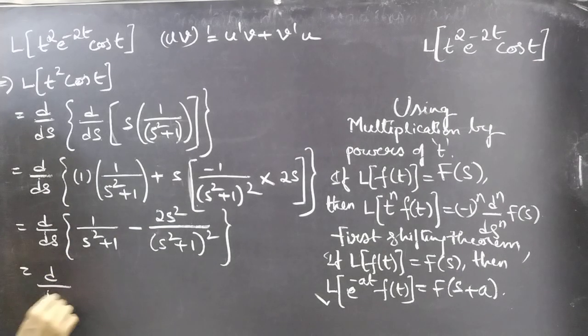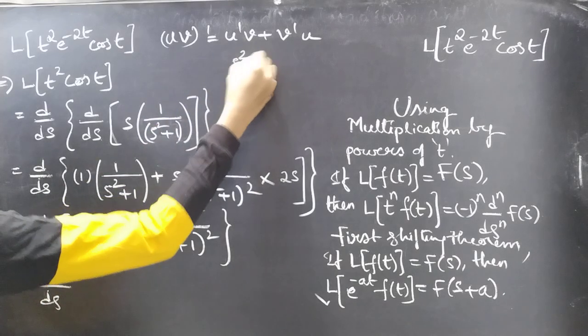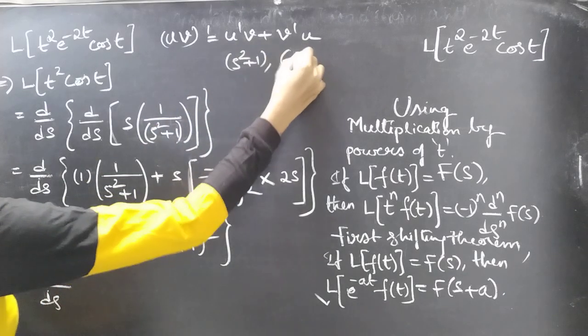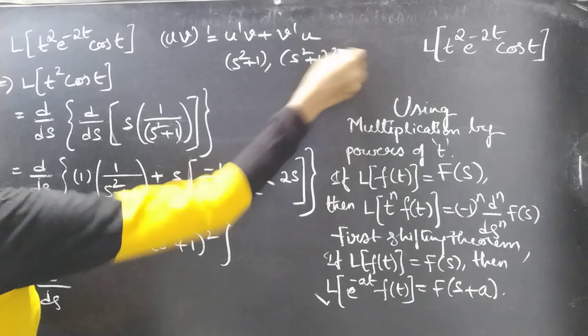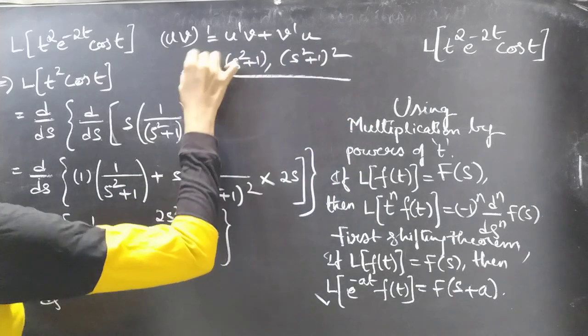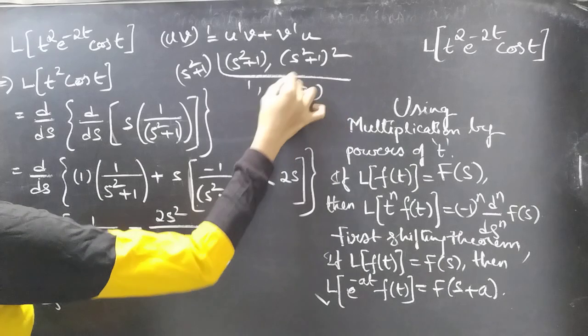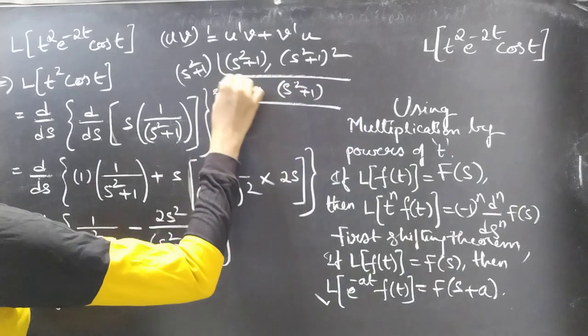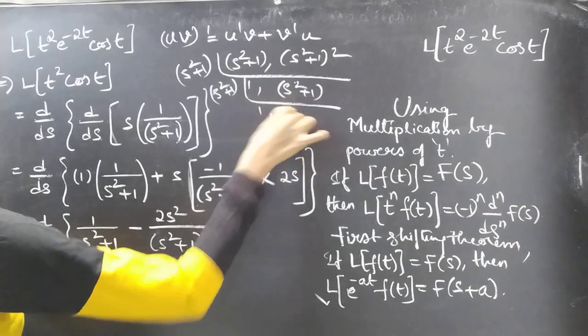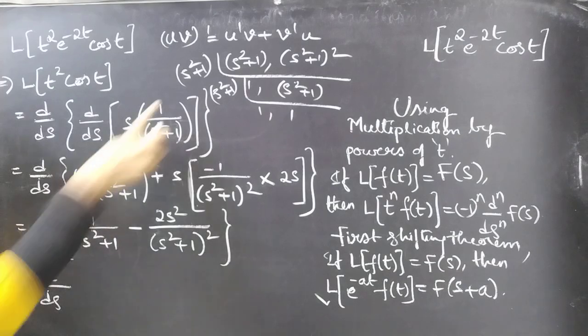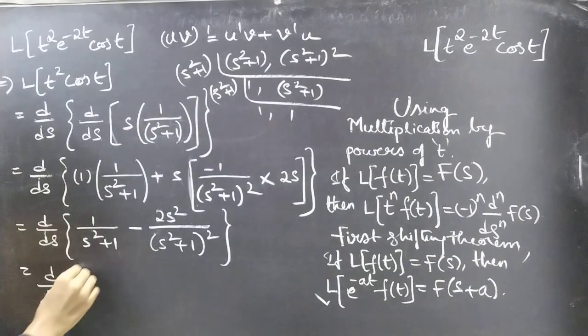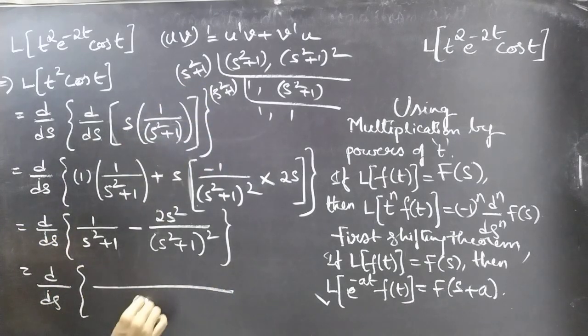Now take the LCM of s square plus 1 and s square plus 1 whole square. So s square plus 1 into s square plus 1 is s square plus 1 whole square, which is our LCM.